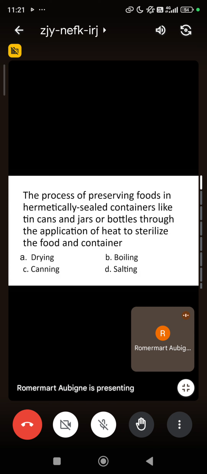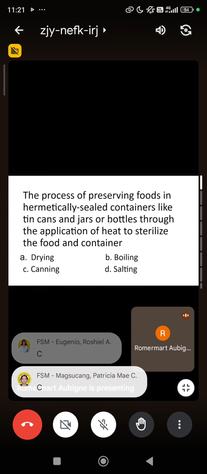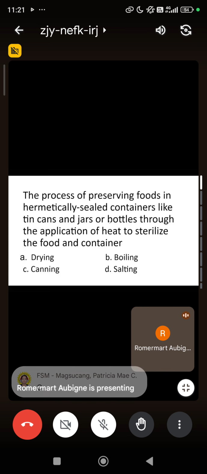Next question. The process of preserving foods in hermetically sealed containers like tin cans, jars, or bottles. What do you call this?